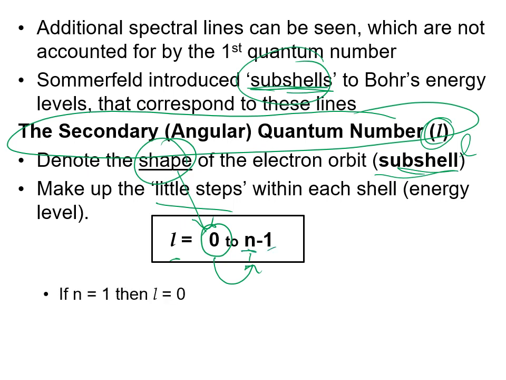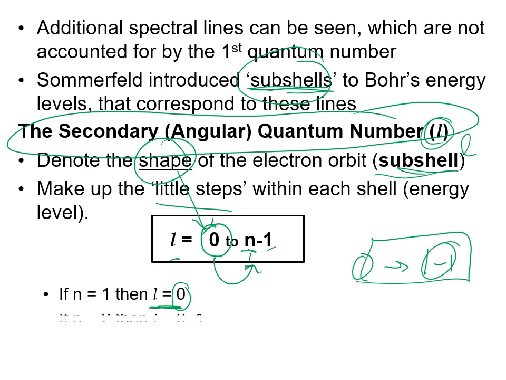So for example, if you're on shell 1, if the principal quantum number is equal to 1, then the only possibility for the shape, or the secondary quantum number, would be an L value of 0, because that goes from 0 up to 1 minus 1, which is 0. And so the only possibility is shape 0, or secondary quantum number 0.